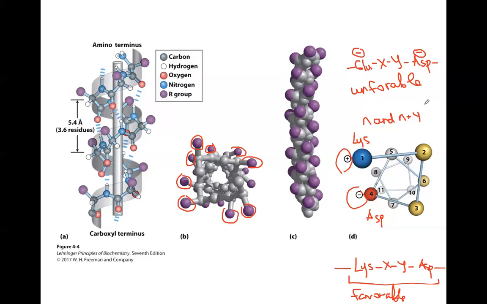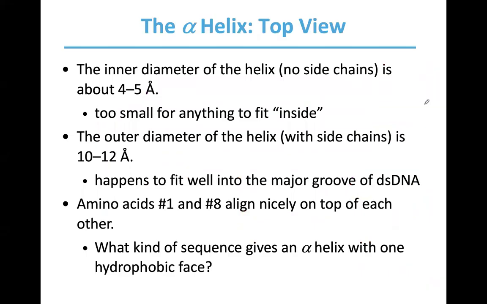Okay, so in general, let's see. The inner diameter of the helix is 4.5 angstroms. This is just for you to appreciate the distance, the fact that it's so small that there's really nothing that can fit inside. The outer diameter will include the side chains, right?